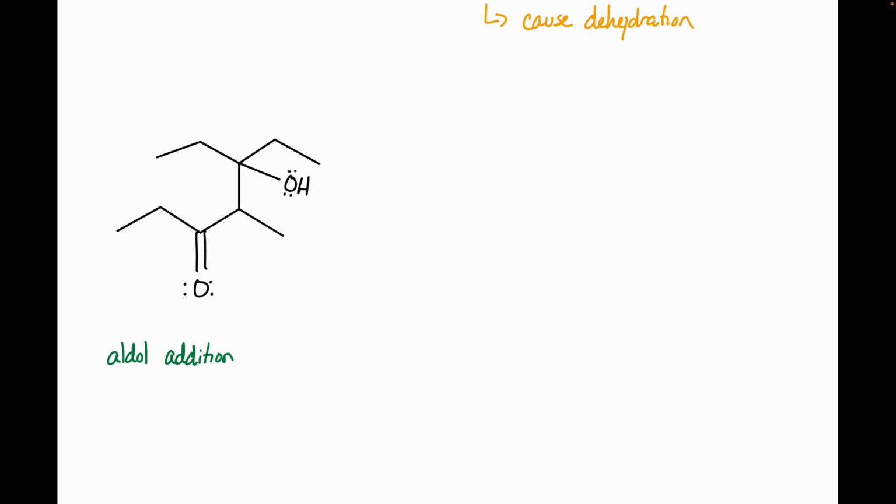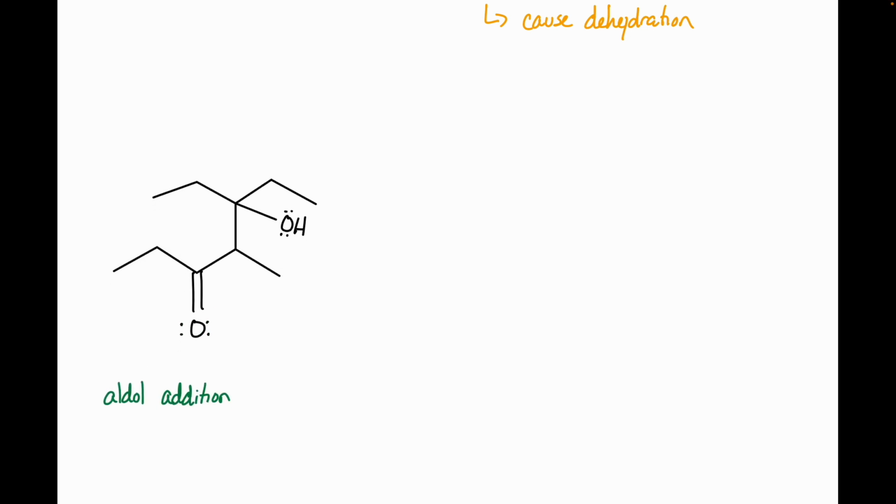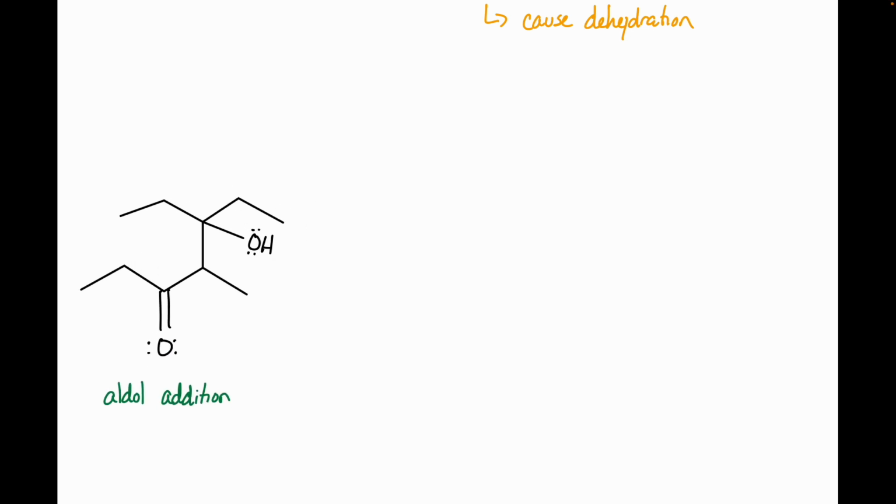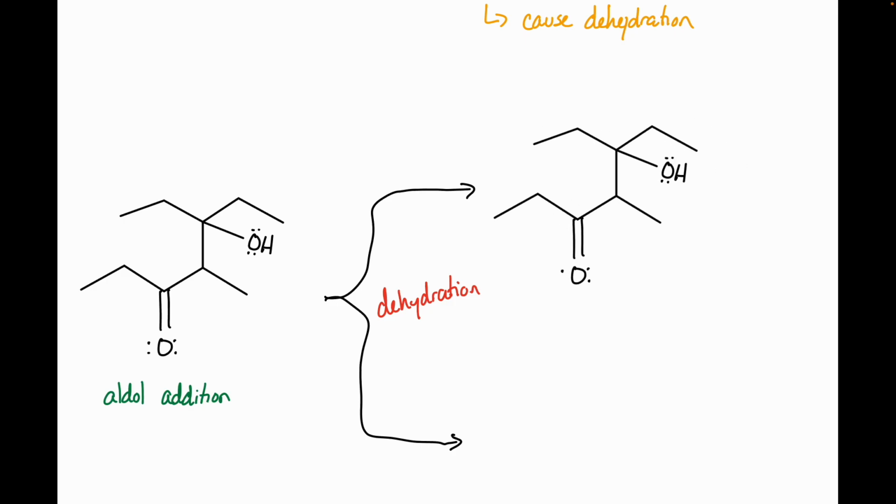But now we're going to perform this dehydration reaction. Just by looking at this reactant here, we could have one of 2 dehydration products depending on which way that double bond formed.